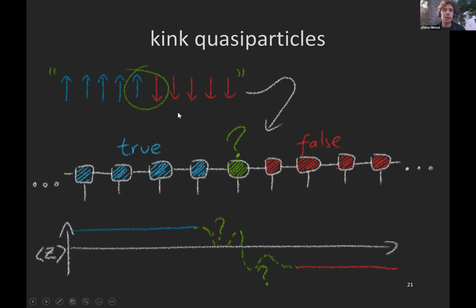If you do this for the AKLT model, where the vacuum has a bond dimension of exactly 2, you find one tensor is not enough to accurately represent the excitations, and this is because there just aren't enough correlations in the vacua to get a good accuracy. So you have to use a larger block of sites, a larger tensor, in that case. Now for our case, one site appeared to be enough.